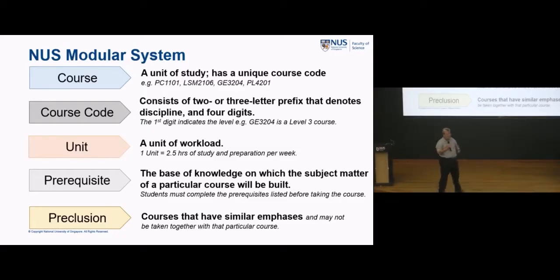In your 4 years, you will do your degree in 8 semesters. On the average, 8 semesters times 5, do your mathematics here, that's 40 courses. 40 courses times 4 units, that's 160 units. Usually for all of you, your degree will be about 160 units.